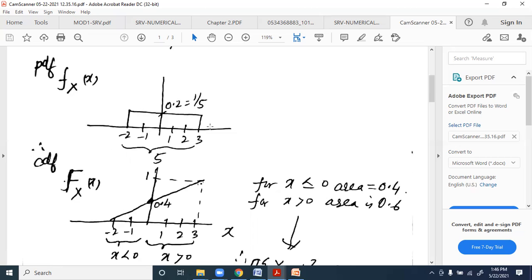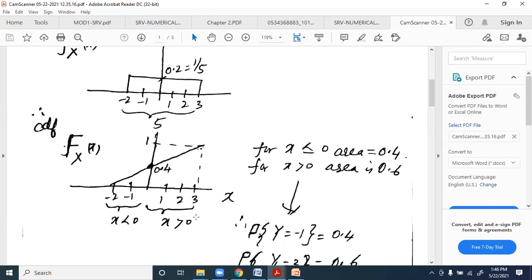Writing the equation for this straight line will give us the value of F(x). Below -2 the CDF is 0, above 3 it will be 1, and between these it will be the equation of the straight line.